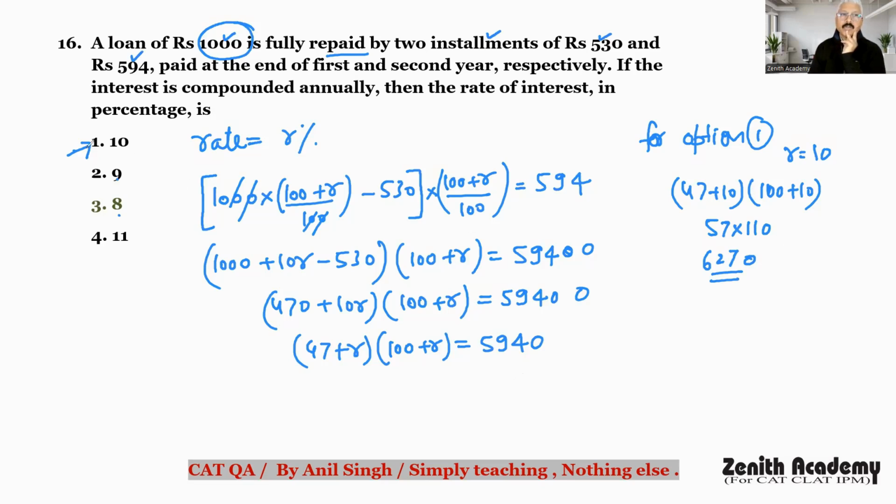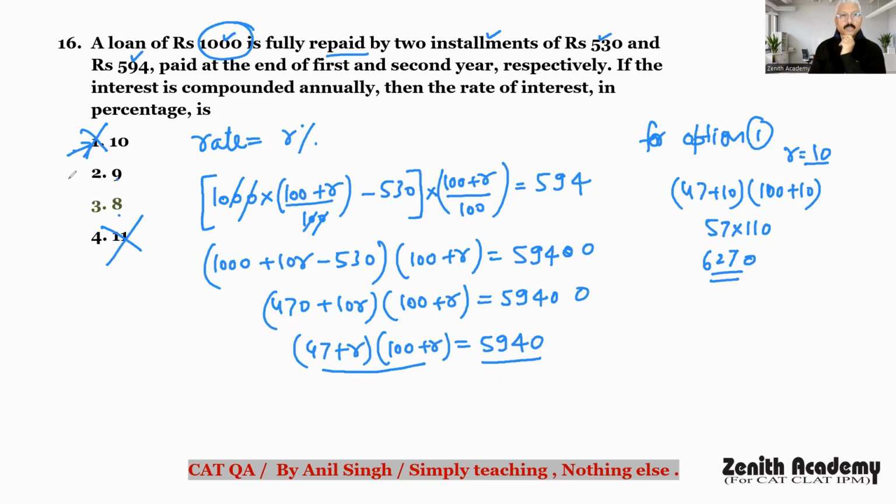So option 1 cannot be the answer. On putting R equal to 10, we are getting the left hand side greater than 5940. It means R equal to 10 does not satisfy the equation, so more than 10 is not possible.